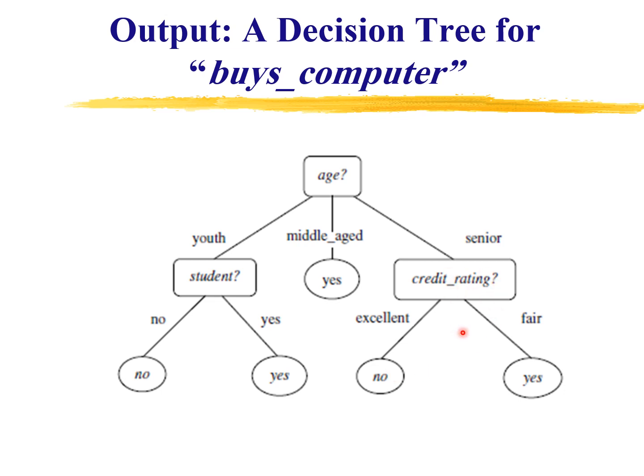It's telling us that seniors with fair credit rating will buy computers, middle-aged will always buy computers, and youth who are students will also buy computers. The cases where they will not buy a computer are the senior with excellent credit rating and the youth who is not a student.